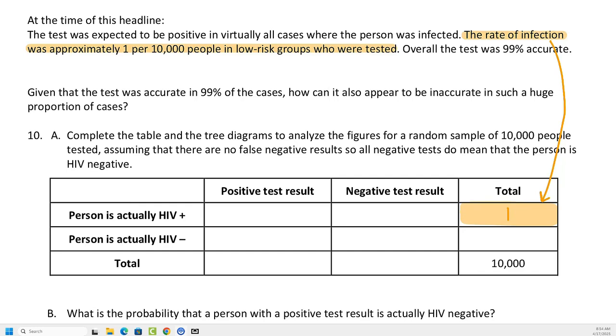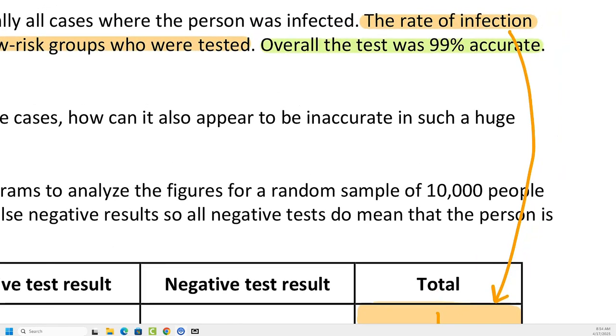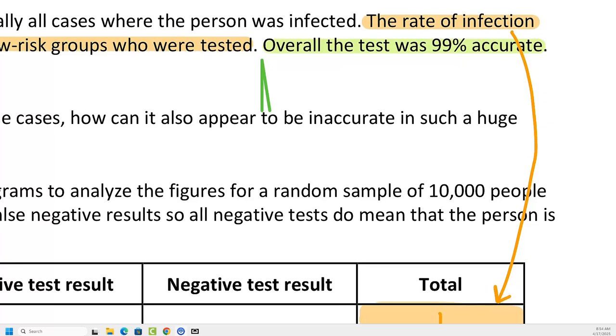Notice here, they also gave us a second piece of information. Overall, the test was 99% accurate. So I think what is helpful here is this. I'm going to take this information and interpret it just a little, because if it's accurate, that means that when it's a negative, you're negative, and when it's a positive, you're a positive. Does that make sense?